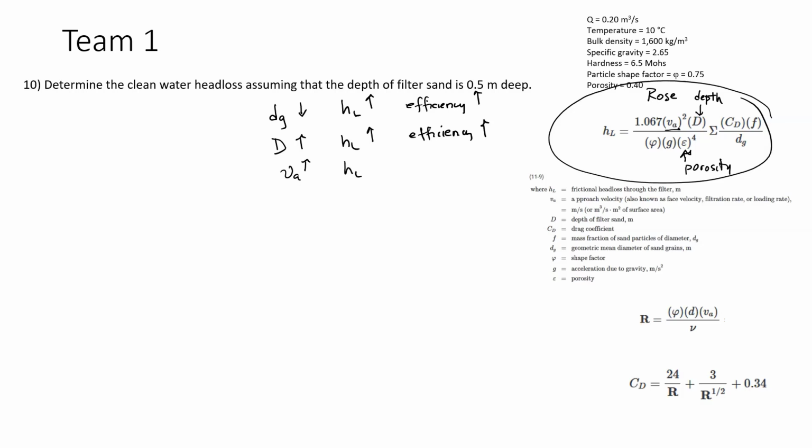Notice approach velocity is squared, so small increases in approach velocity will have, and I'm going to put a double head loss because it's a squared term. If we increase the approach velocity, what happens to the efficiency? It decreases. We're pushing water through quicker, so there's less opportunity to be captured.